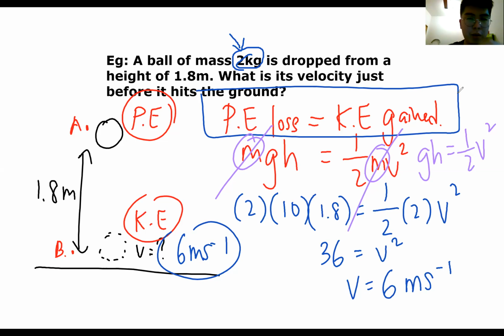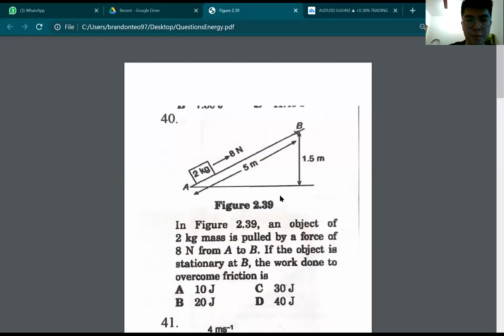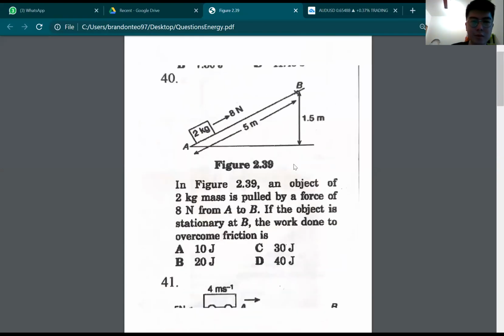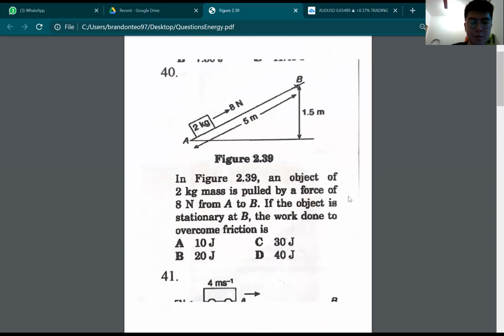Another example I want to show you is question 40. Take 1 minute to understand the question.